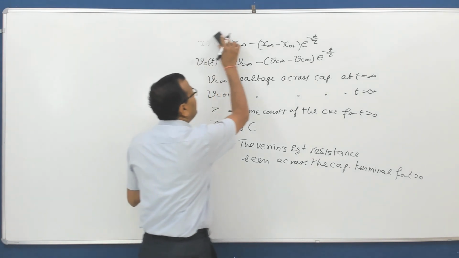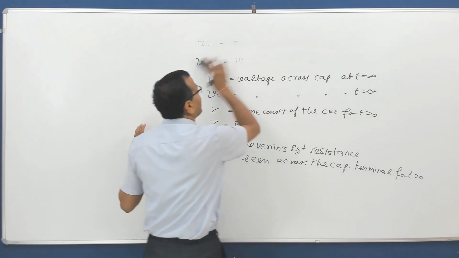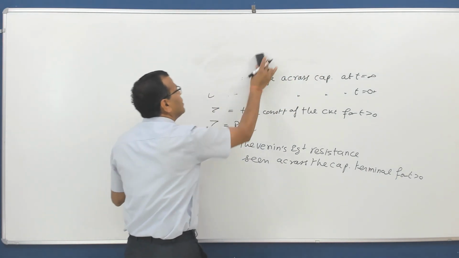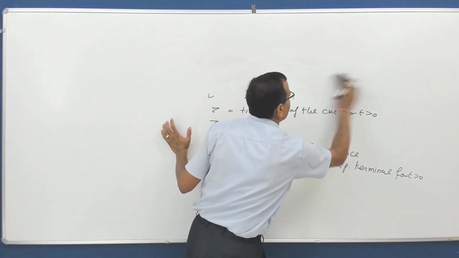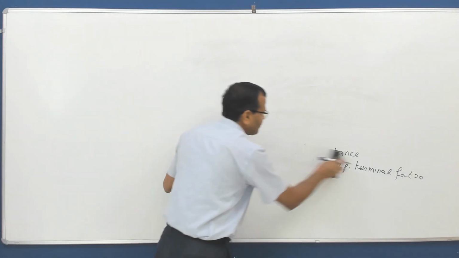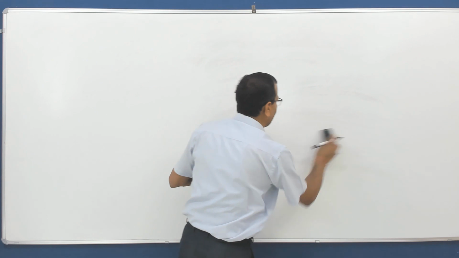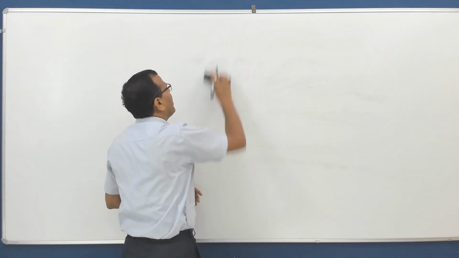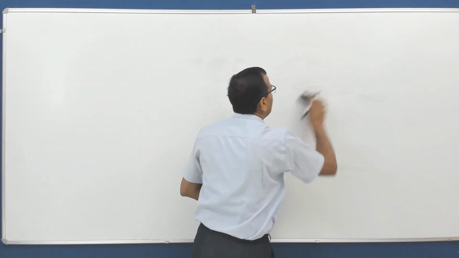So I will take an example directly for finding the voltage across the capacitor for t greater than 0, and from the example a number of concepts will be cleared.